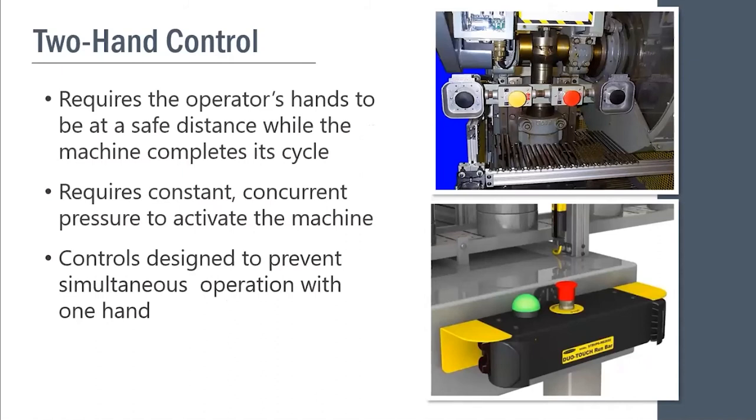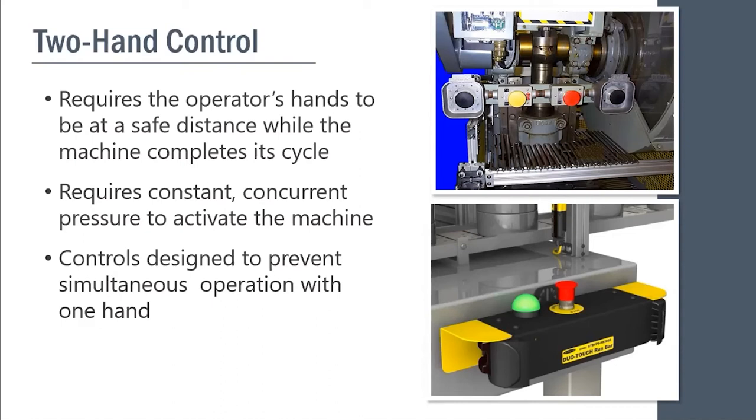Two-hand controls. Where proximity to the hazard is important, and we don't have the liberty of the safe distance for a presence sensing device, two-hand controls are intended to keep an operator's hand out of the hazard during the hazardous motion of the machine.